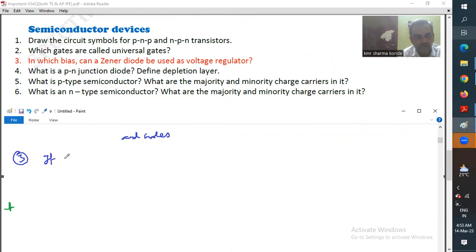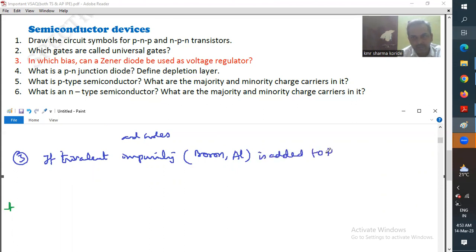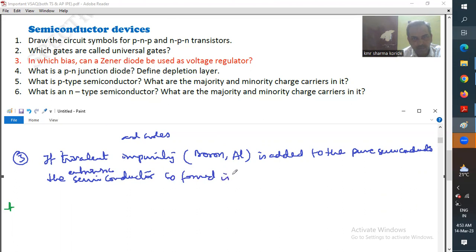If a trivalent impurity like boron or aluminum is added to a pure semiconductor, the extrinsic semiconductor so formed is called a P-type semiconductor.